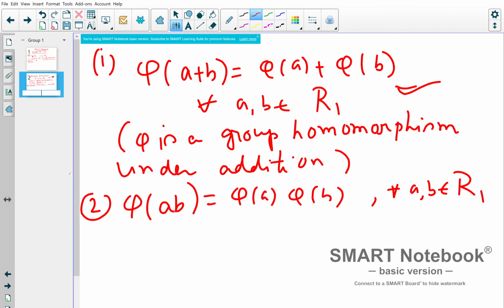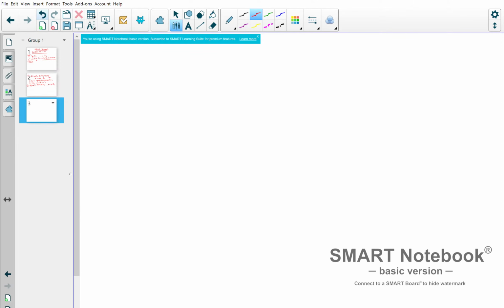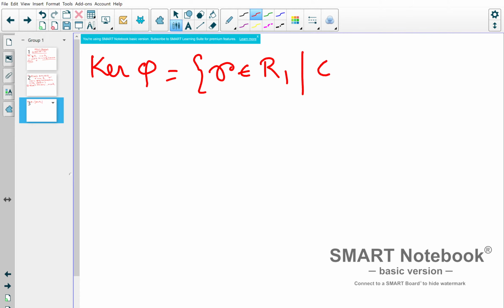And the moment you define homomorphism, you define something called the kernel of the homomorphism. By definition it is the fiber of 0. That means all those r belonging to R1 such that phi of r equals 0, where this is 0 in R2.